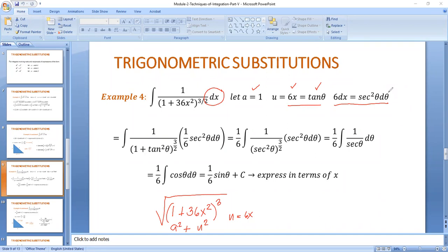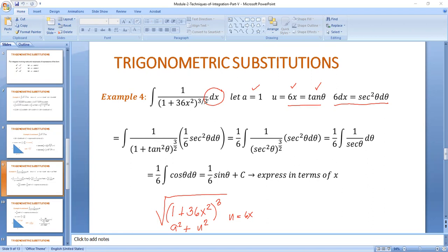Now, if we go back to our original integral, the denominator is 1 plus, what is this? 36x squared. If you square this one, this will be 36x squared. Then you square this, that would be tangent squared theta. So you see here, tangent squared theta.